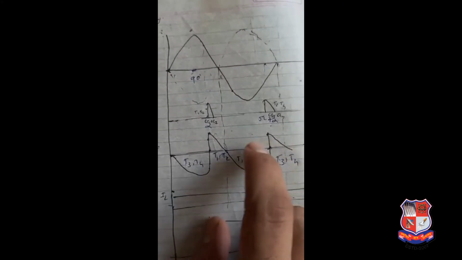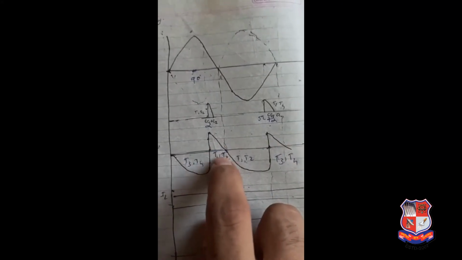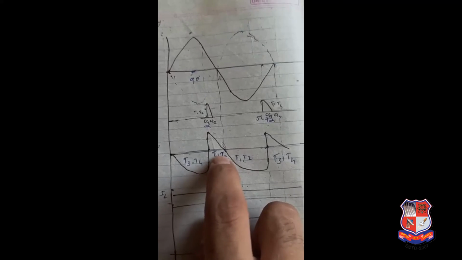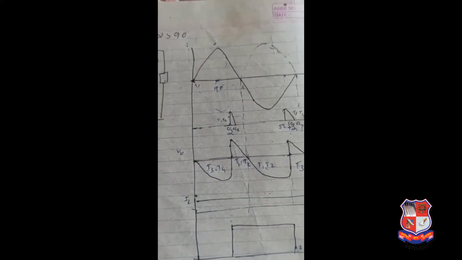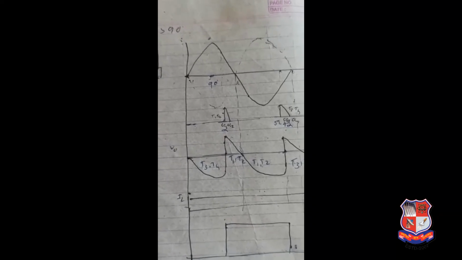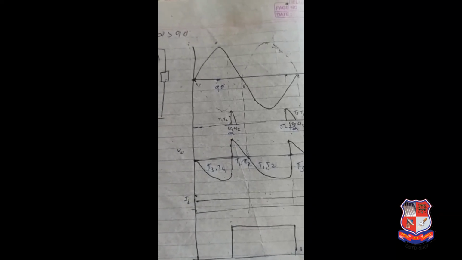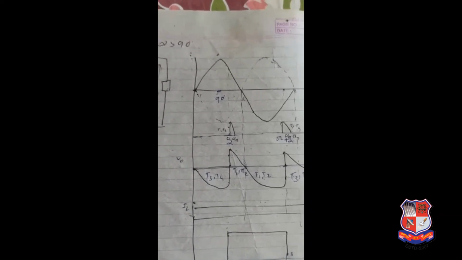Similarly, with the same switches on, just because you are giving the gate pulse greater than 90, you get a negative output voltage, and if you give the gate pulse less than 90 degrees, you get positive output voltage.